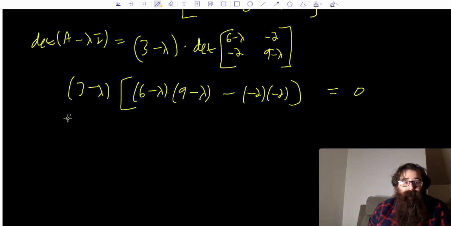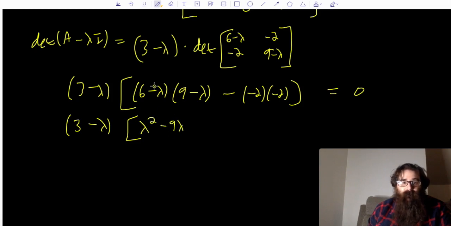But let's see what we get. 3 minus lambda, and then times, let's expand this out. Negative lambda times negative lambda is positive lambda squared. I get -9 lambda. I get -6 lambda. I get 6 times 9, which is going to give me 54. And then minus -2 times -2 is positive 4, so minus positive 4.